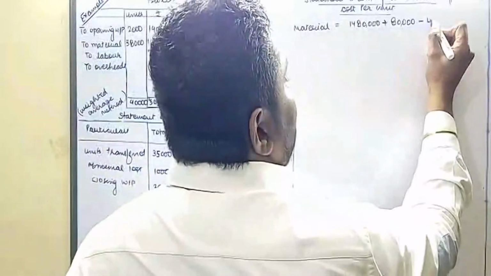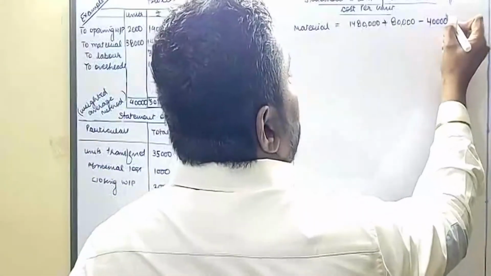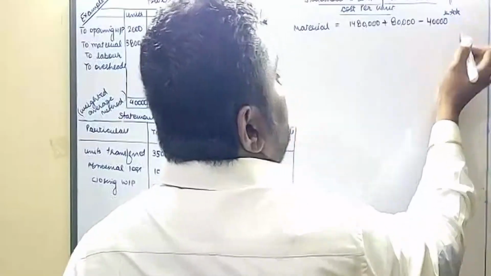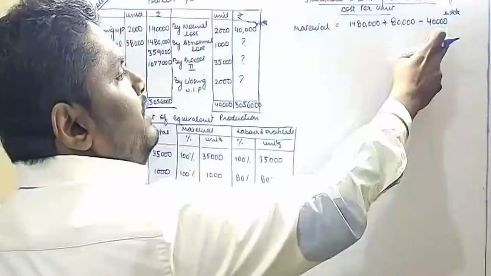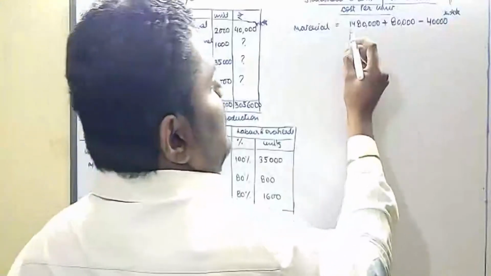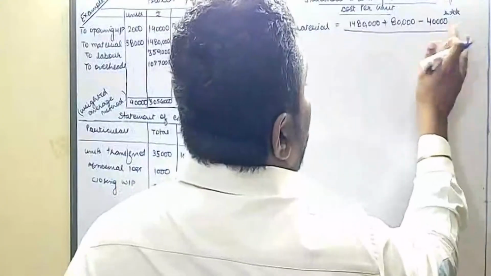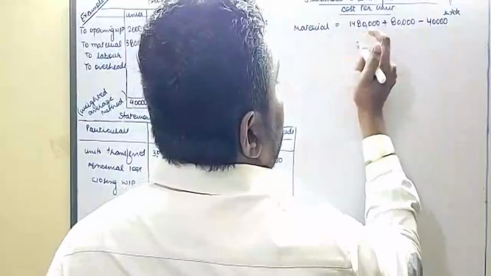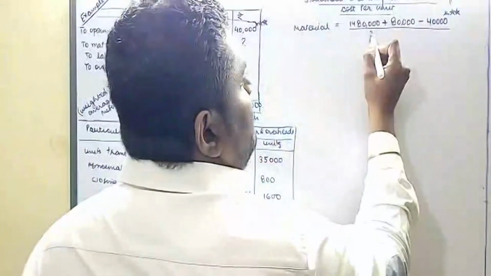Very important, guys. Whole divided by 38,000, the equivalent number of units.